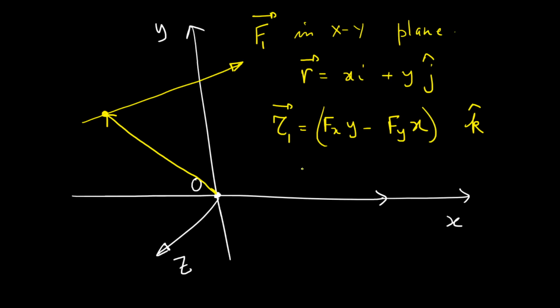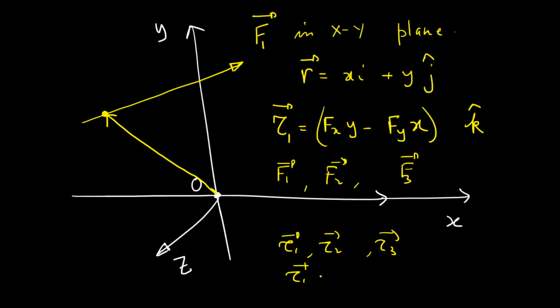Now you can have multiple forces, F1, F2, F3, and you can calculate tau 1, tau 2, tau 3, and you can add them very peacefully because they are basically numbers in this simplified example. You just add them, plus minus, and you got the torque.